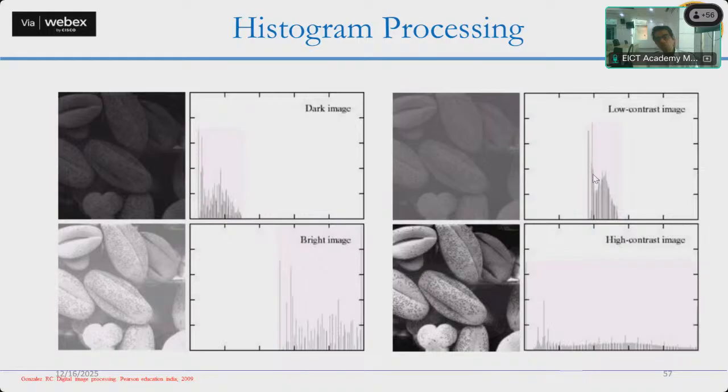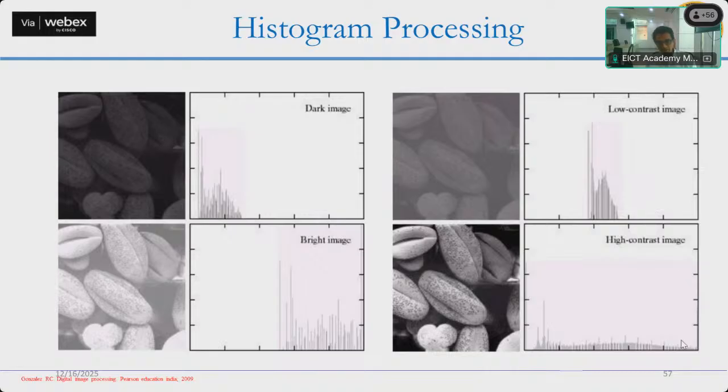What about the low contrast image? Again, see, here we are applying some slicing operation. What about the high contrast image?